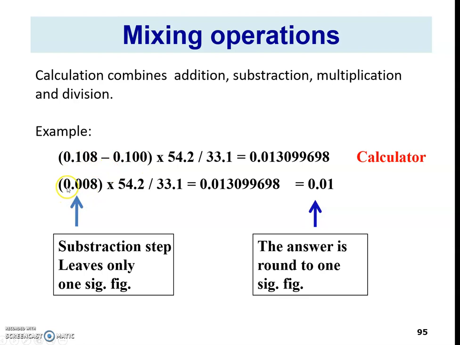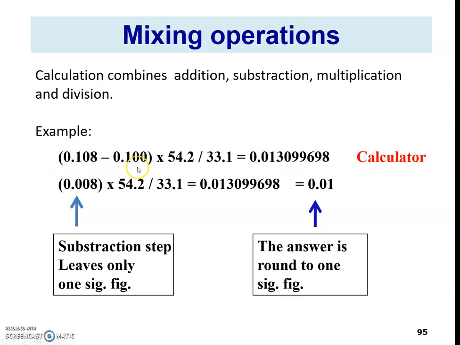it is 0.008 because, this being a subtraction operation, we have to consider the least decimal point, which consists of 3 decimal points.